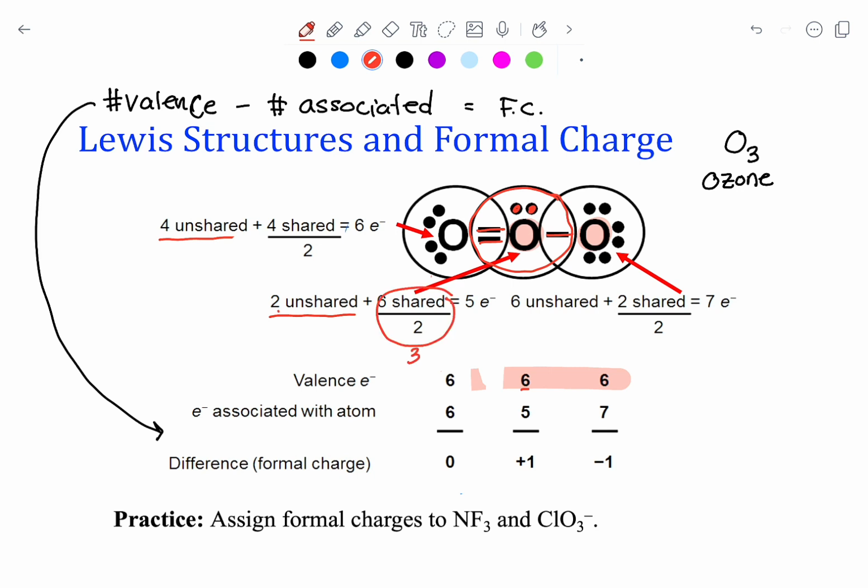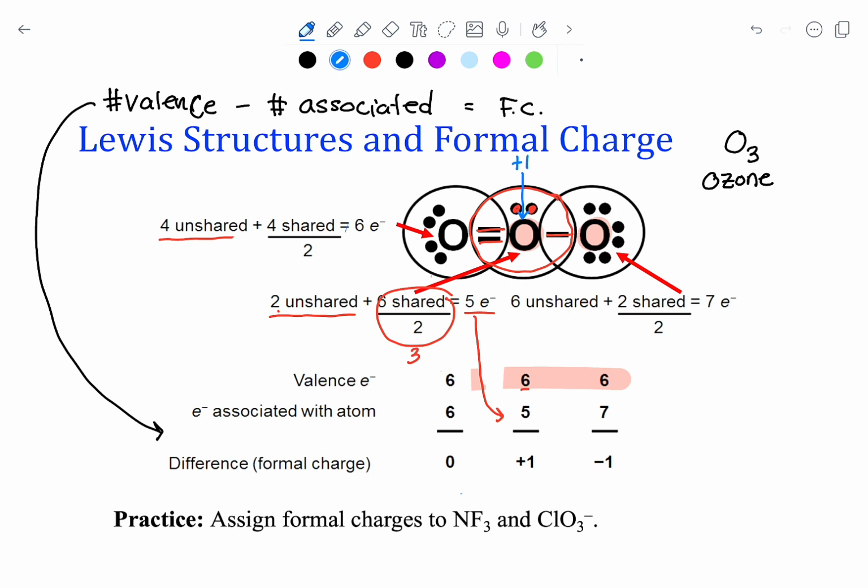So 2 plus 3 is 5 electrons that are associated with that oxygen. We take 5 and subtract it from our number of valence electrons. So 6 minus 5 is plus 1. So the formal charge on this oxygen is now plus 1.